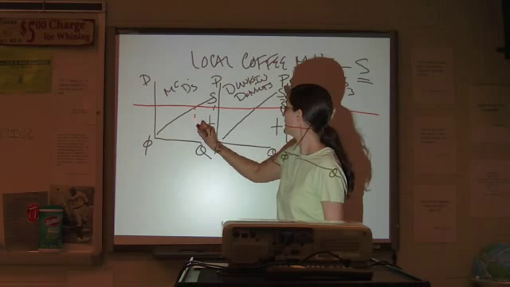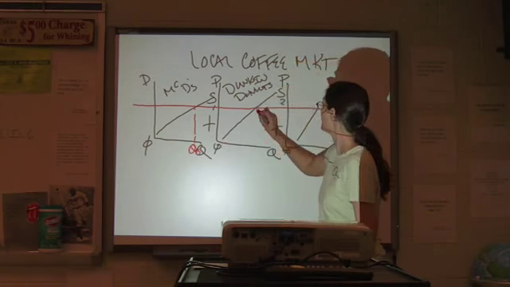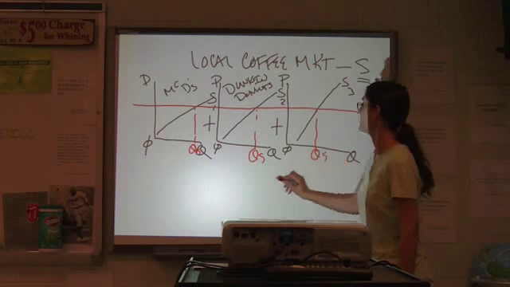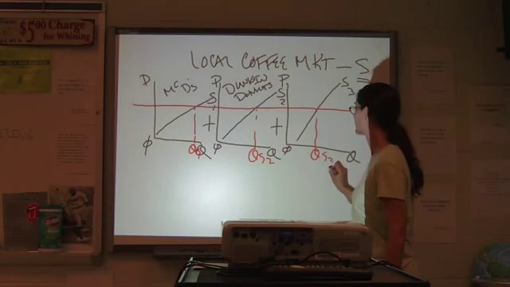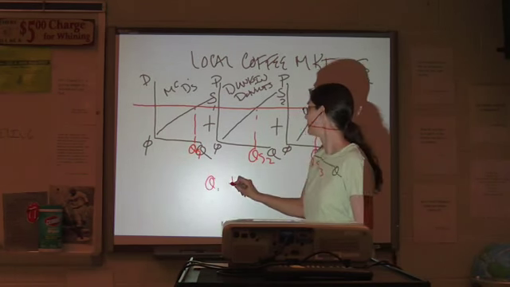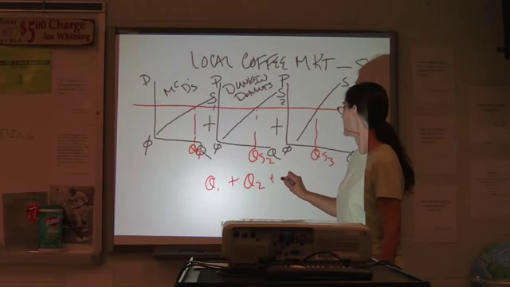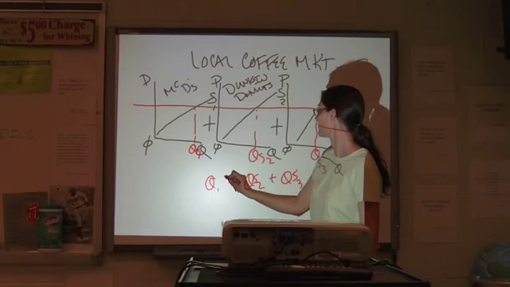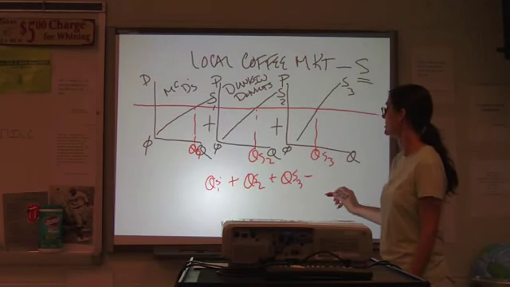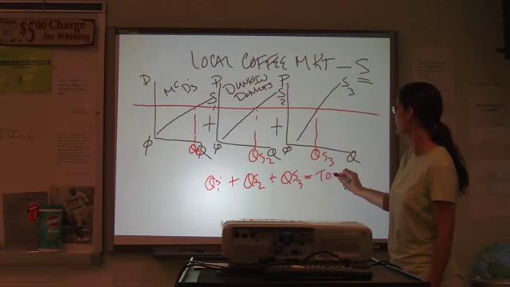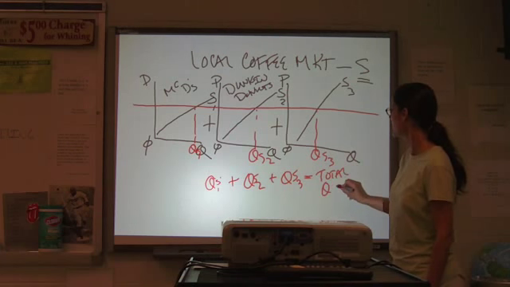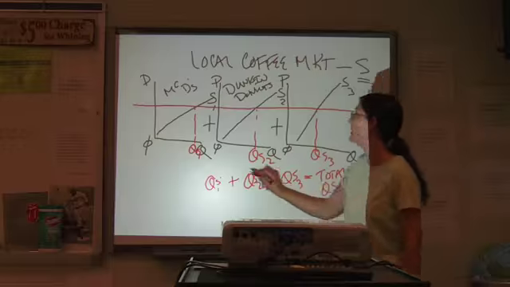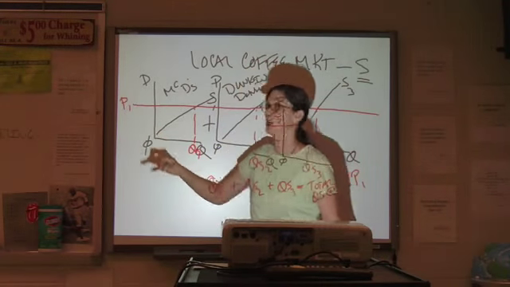You have this quantity supplied, we have this quantity supplied, we have this quantity supplied. 1, 2, 3. Q1 plus Q2 plus Q3, we're talking about quantity supplied if you want to be real picky, gives us the total QS at that first price level. We can call it P1.